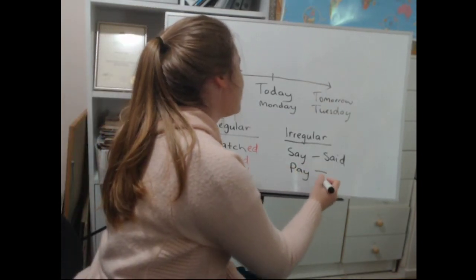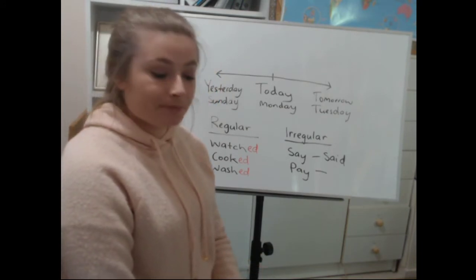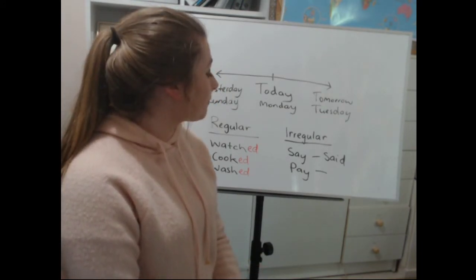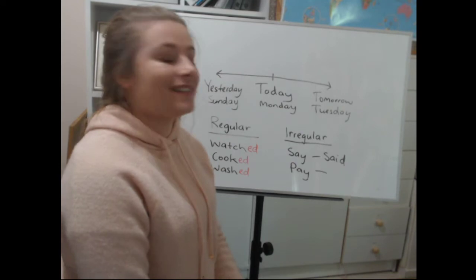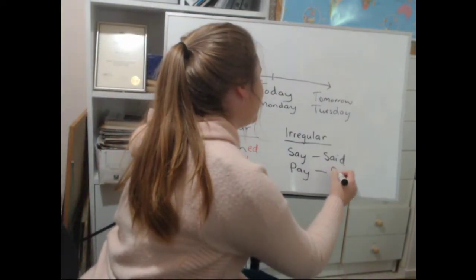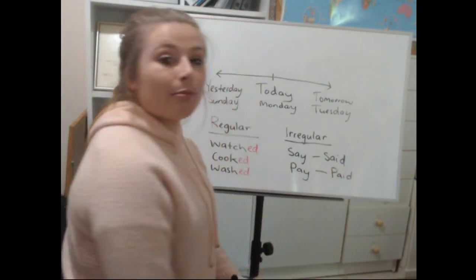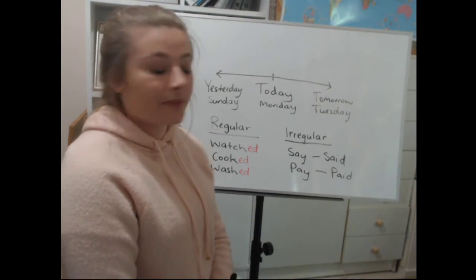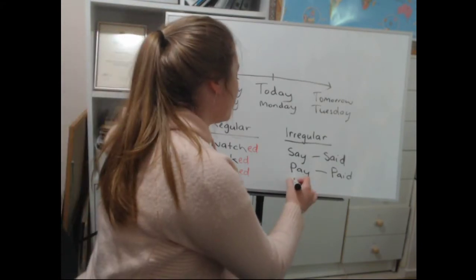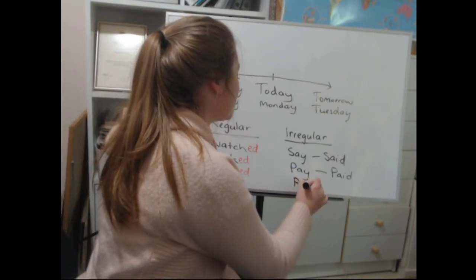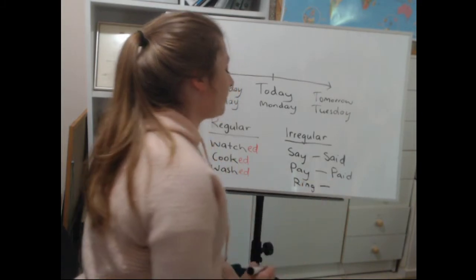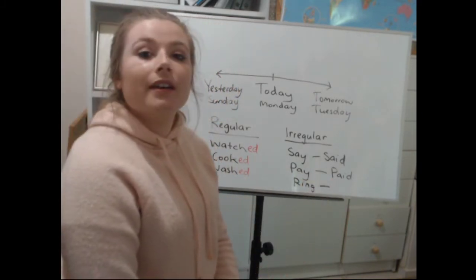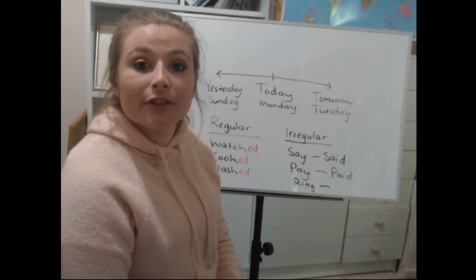Okay. What about pay? What is the past of pay? Paid. Good. Yesterday I paid the bills. What is the past of ring? I always ring my friend every week.